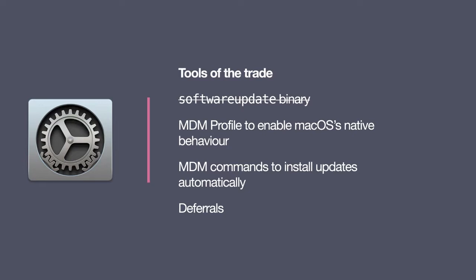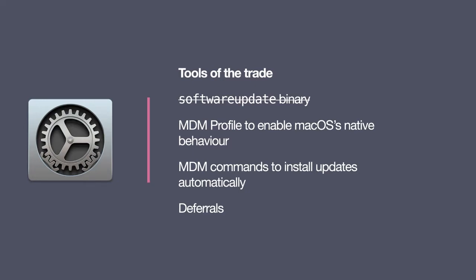As for Apple, they're steering us towards some newer options. One of them is we can push an MDM configuration profile to our Macs that essentially ticks all of those boxes in the Software Update System Preferences pane, which will enable automatic download and installation for updates. This is basically an autopilot switch, and it puts the Macs themselves in charge of how and when they'll install those updates.